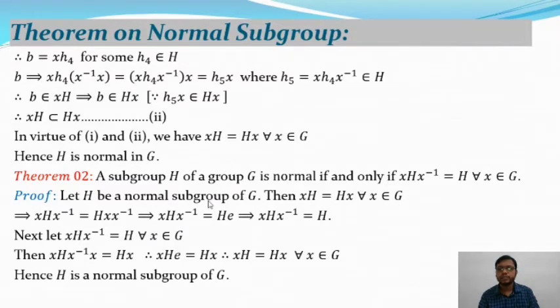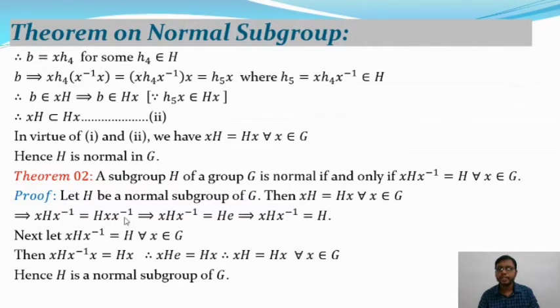So from this we shall prove that xHx inverse is equal to H for all x belongs to G. Now from the above equation, xH is equal to Hx. Now operate x inverse on the right of the above equation, we get xHx inverse is equal to Hx inverse.